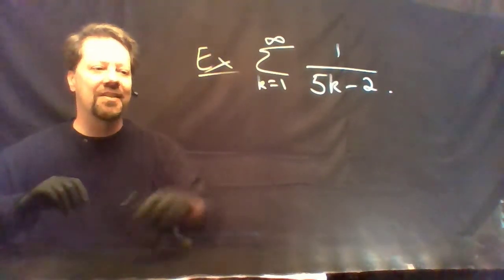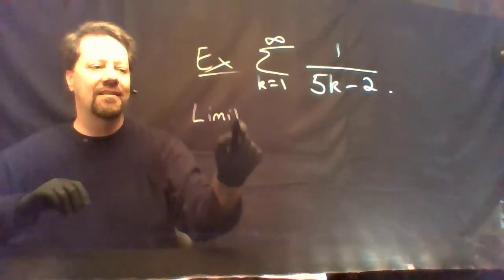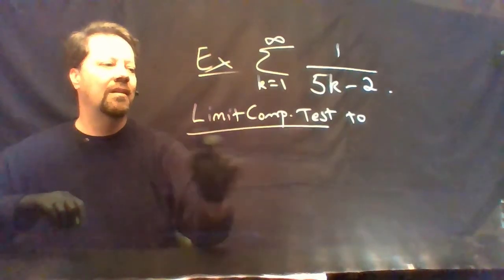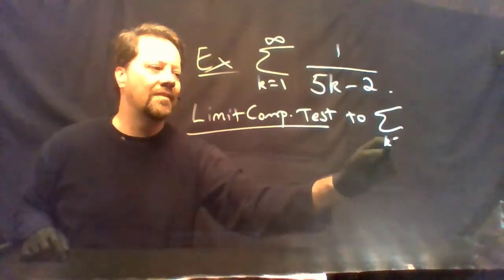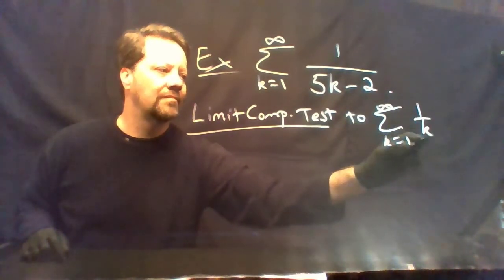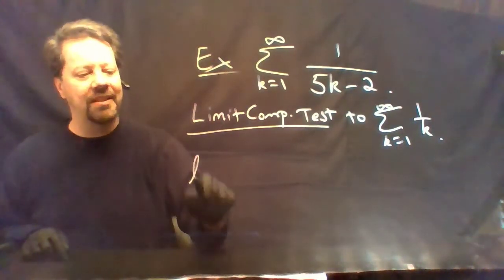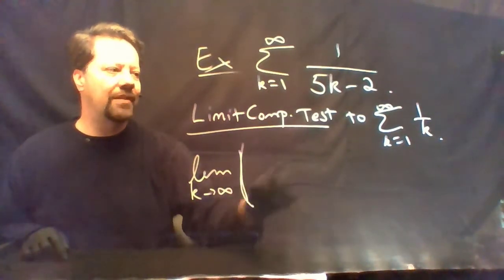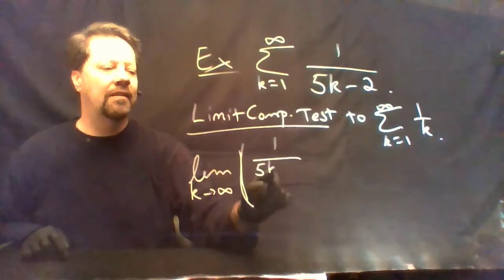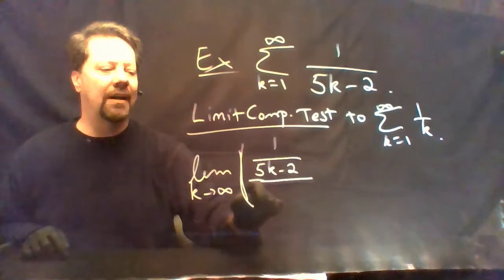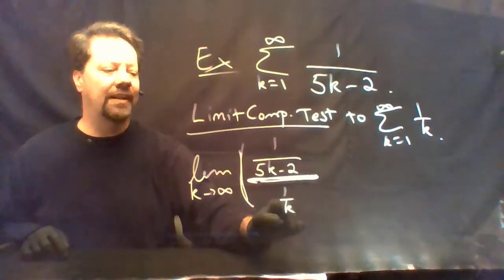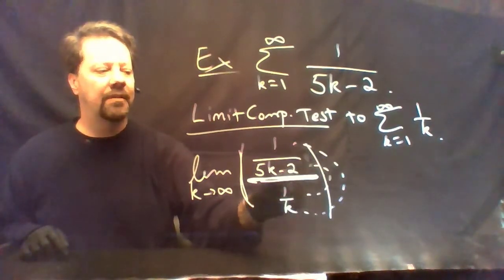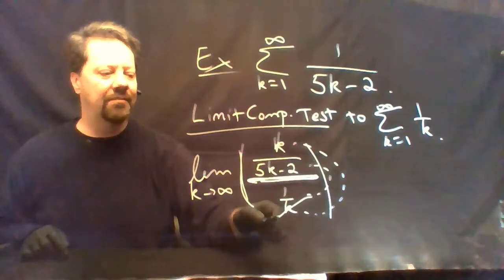The easy way to prove this is to use the limit comparison test. We're going to compare it to the harmonic series. What you have to do is calculate the limit as k goes to infinity of the ratio of these terms, 1 over 5k minus 2 divided by 1 over k. 1 over k will flip, and we'll end up with a k here.